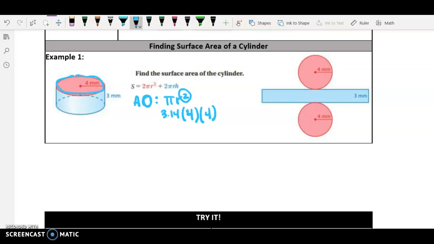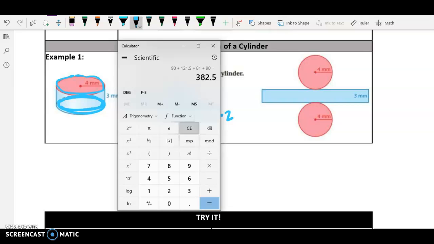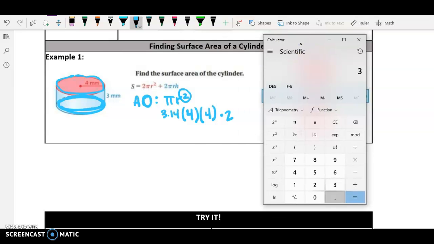And then we're also going to multiply it by 2 because there's also a circle at the bottom. Think of that can of soda, you have a circle at the top and bottom. So we have 3.14 times 4 times 4 times 2.